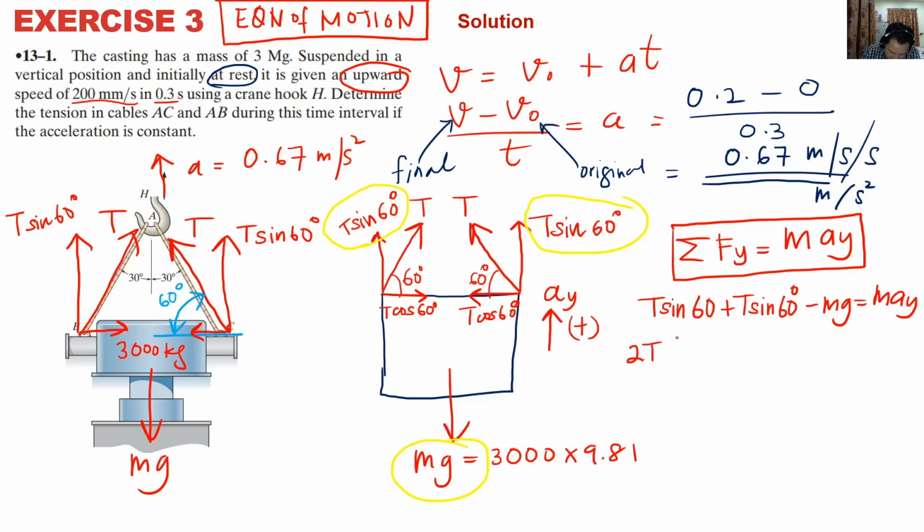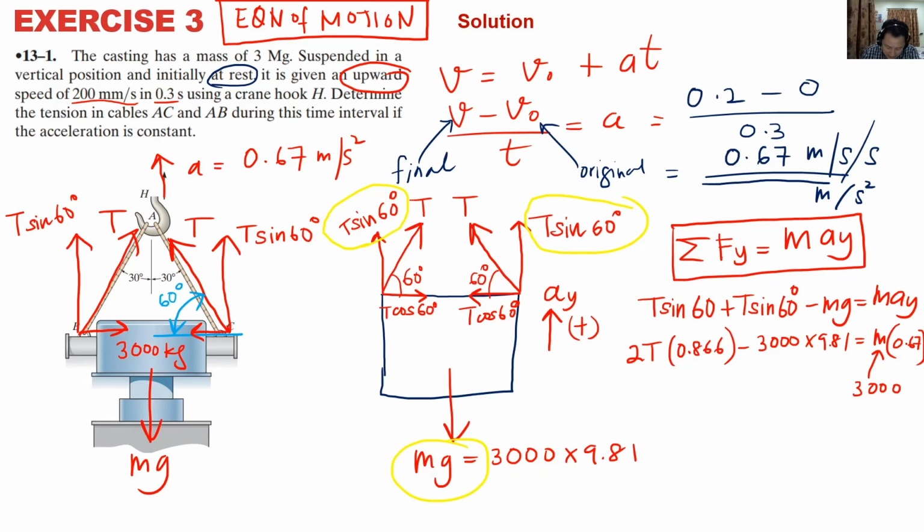Sin 60 is 0.866. Minus 3000 times 9.81 equals m ay. What was ay? 0.67. M is 3000, so you have to write down 3000.